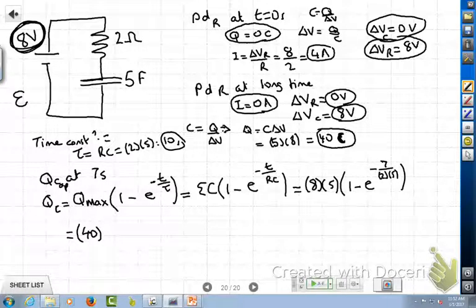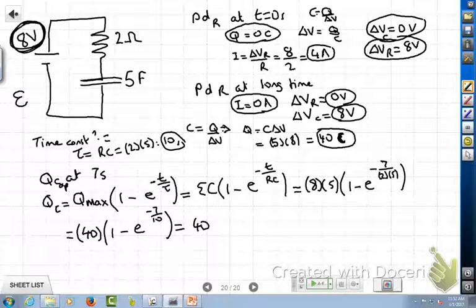That's a good question. 1 minus e to the minus 7 over 10, which equals 40 times 1 minus e to the minus 0.7, and then we're doing calculator stuff. Still important.